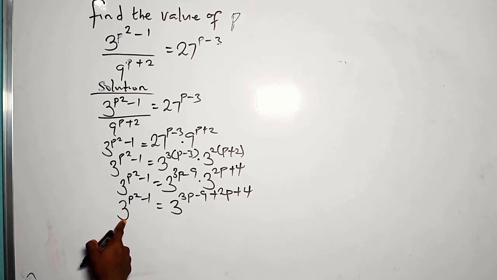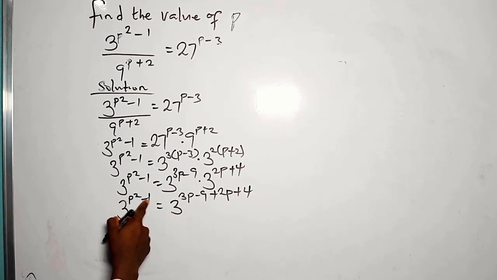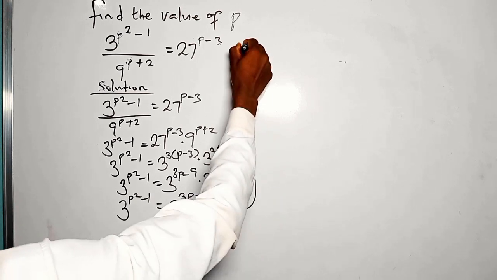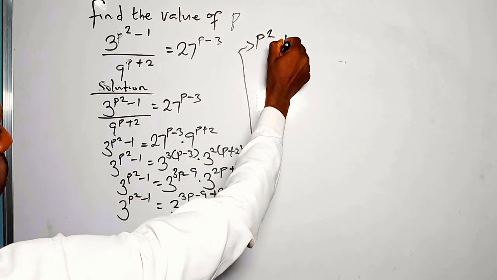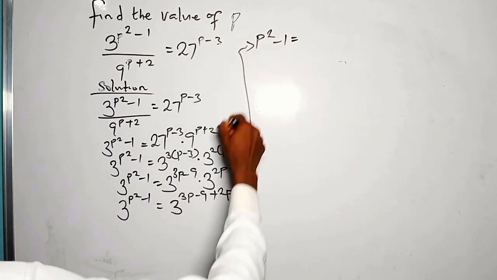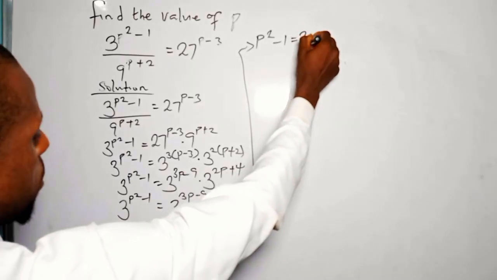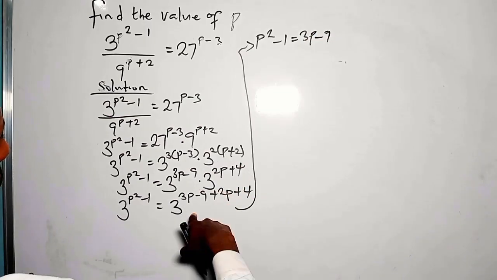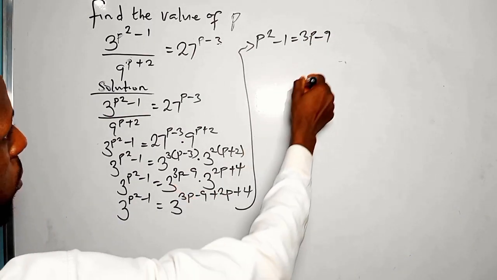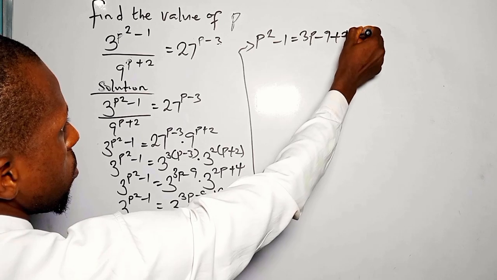Since we have equal base, we can equate the power. So we have p squared minus 1 equals 3p minus 9 plus 2p plus 4.